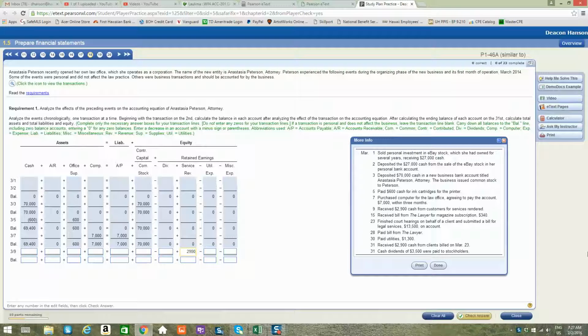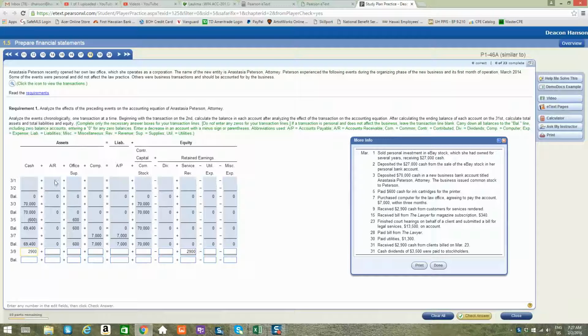Now the word here, received, means that the company actually received the money. That means cash increased on the asset side of the equation over here, 2,900. So notice we're always having a balancing effect. There are either offsetting effects on one side of the equation, or an equal effect on both sides of the equation.